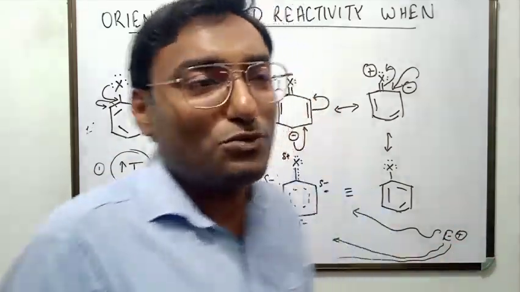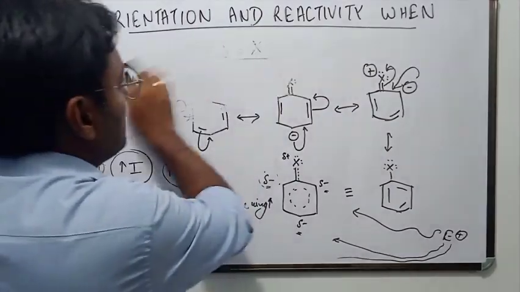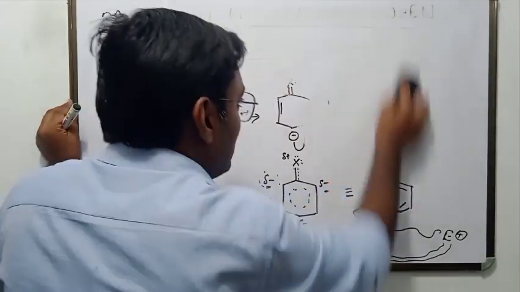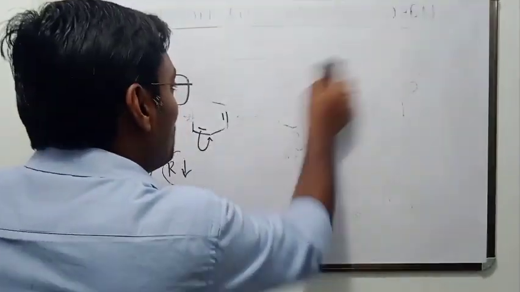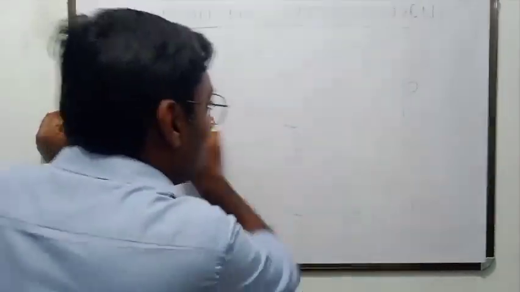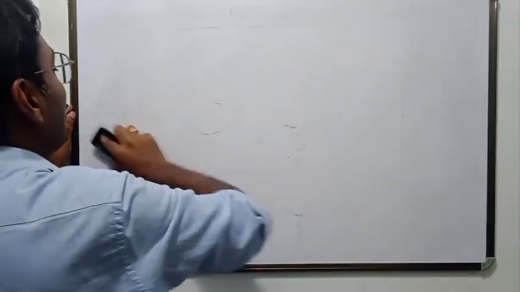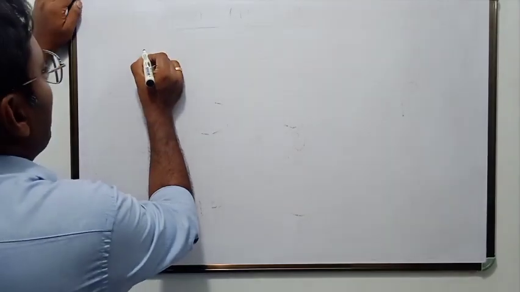Let us go through that also. I will draw the structure of benzene ring when methyl group is present as the primary substituent, and we are going to look into how it is a wonderful ring activator and how it acts as an ortho para director. Let us see methyl group.